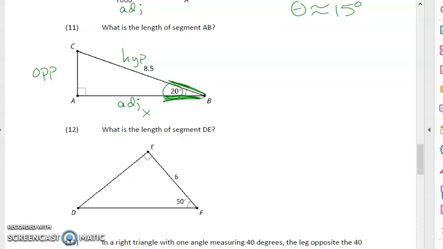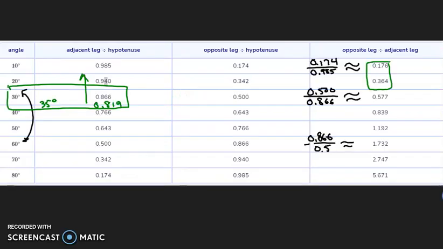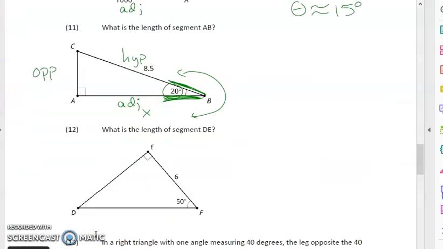We're going to mark X. And so basically, there's a relationship between these two sides based on the 20-degree angle. So if I go back to our table, the 20-degree angle between adjacent side and hypotenuse is 0.940, or we get 0.939. So the number here is 0.939.